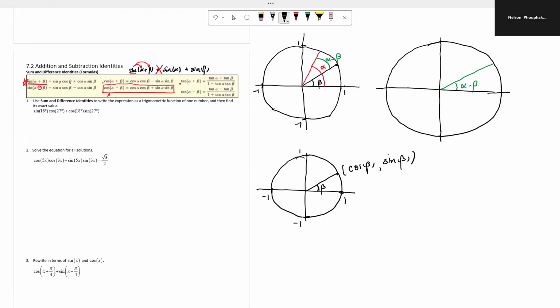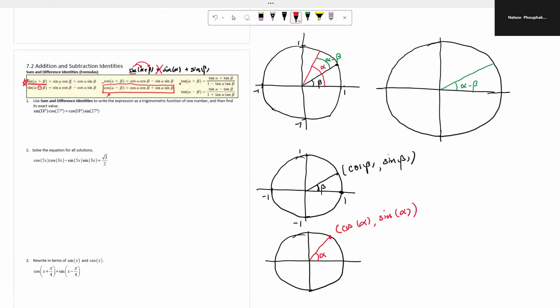Similarly, if this angle is alpha, then this point will be cosine of alpha, sine of alpha.